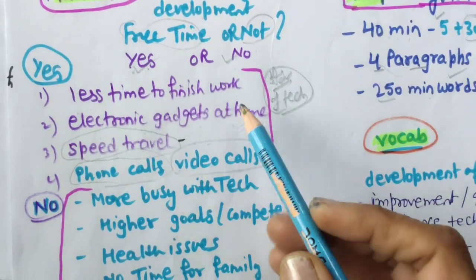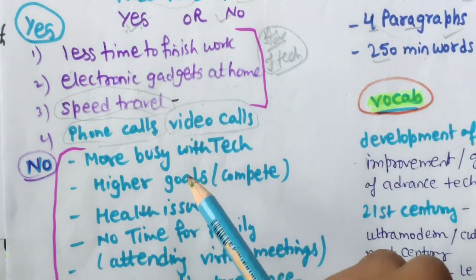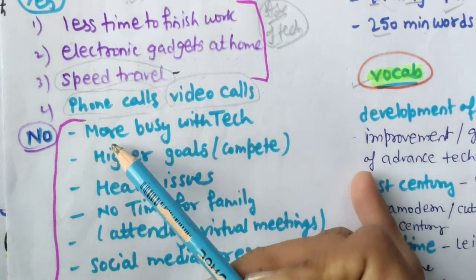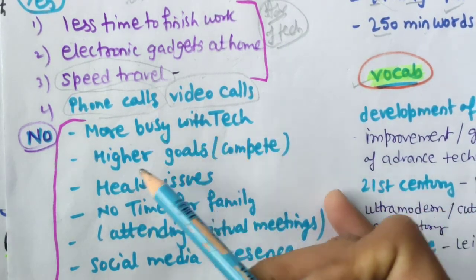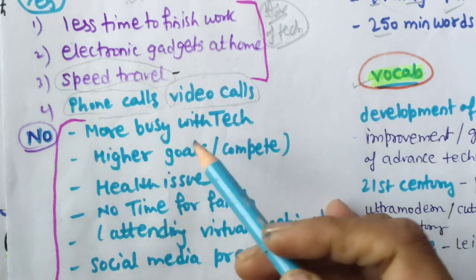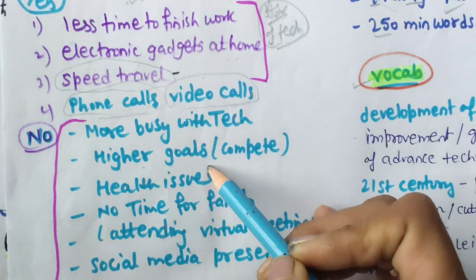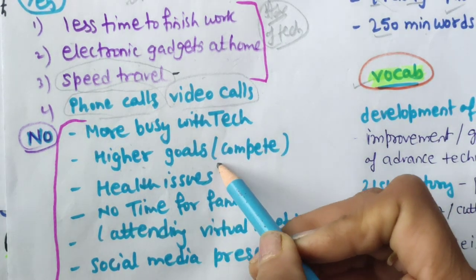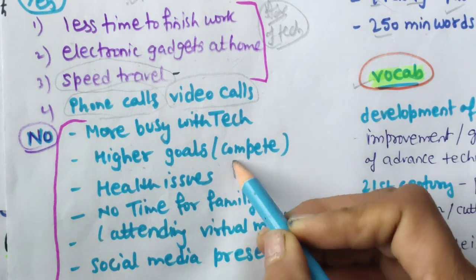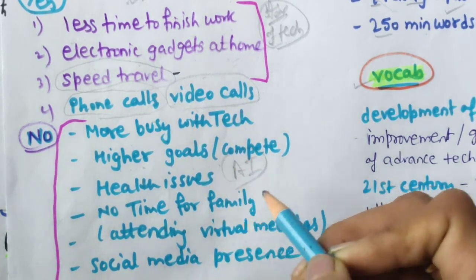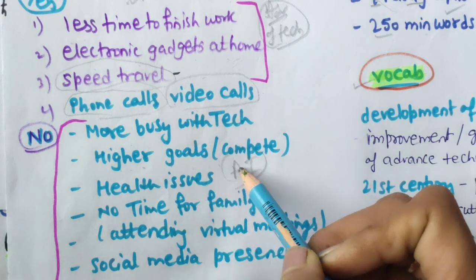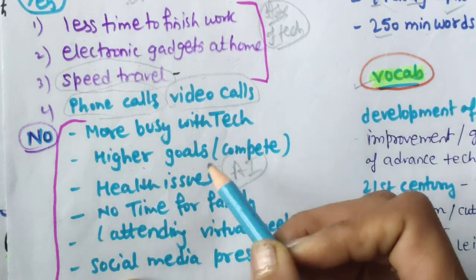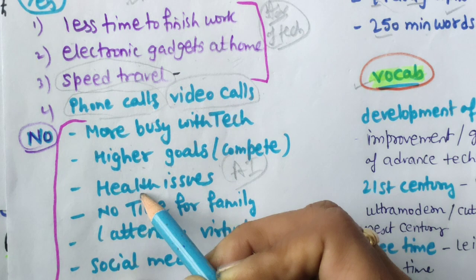Now, why they don't have free time, I will be telling about this also, and we will definitely discuss vocabulary also. So no, they are more busy with technology. How? Because higher goals are set by company organizations with the help of AI tools. I have given these examples and explained AI tools here. And more competition is there, that's why all the time they are sitting in front of computers, so health issues will be there.